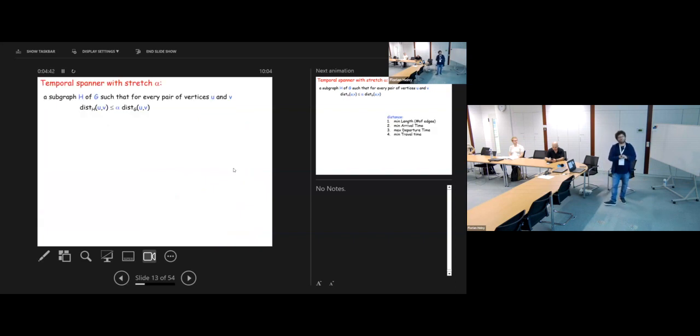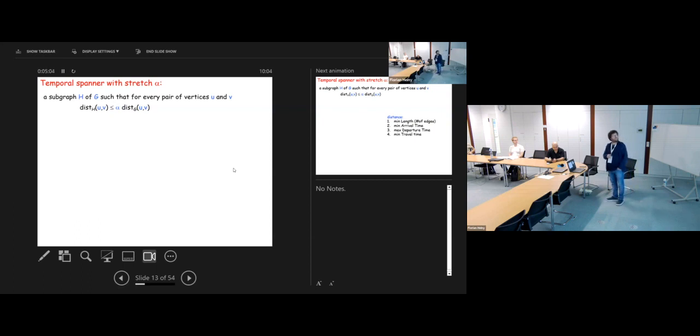That means that we introduce a stronger notion of spanner, which is a spanner with stretch alpha, or a temporal alpha spanner, that essentially is a subgraph that approximately preserves distances between pairs of vertices, other than temporal connectivity.